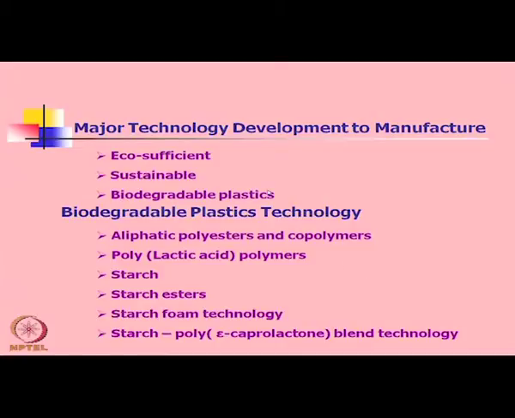This major technology development for manufacture of biodegradable products is eco-efficient, sustainable, biodegradable plastics, and in biodegradable plastic technology we can use aliphatic polyesters and copolymers, polylactic acid polymers, starch, starch esters, other starch derivatives, and we can develop starch foam technology.